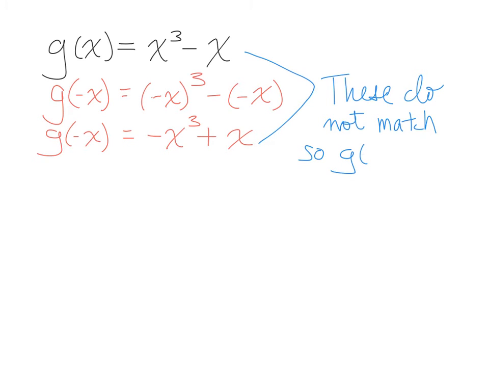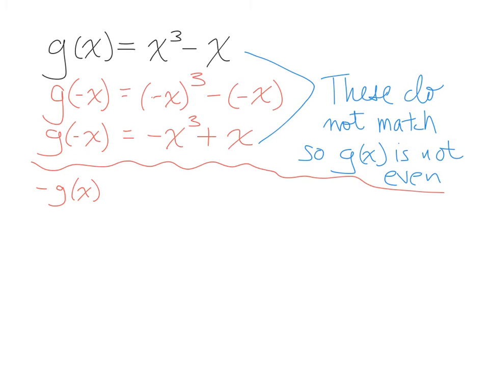So g of x is not even. So why don't we take a look at negative g of x. So maybe we can check to see if g of x is an odd function.